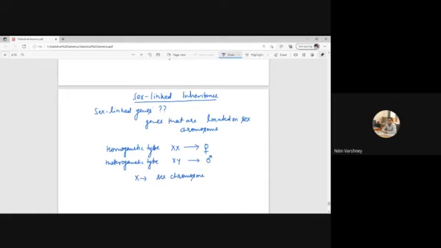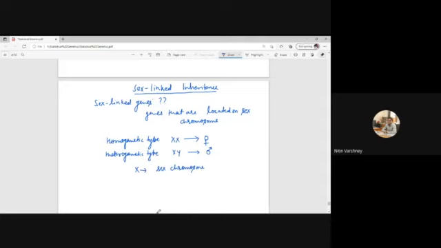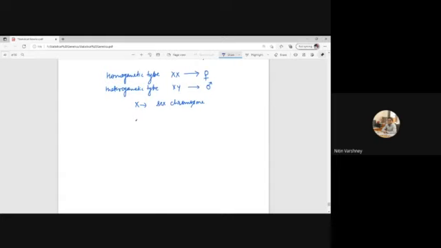If there is only one sex chromosome, then we can say this is male. So this is the representation of female, capital X capital X, with two sex chromosomes, and this is the representation of male, capital X Y, with one sex chromosome.